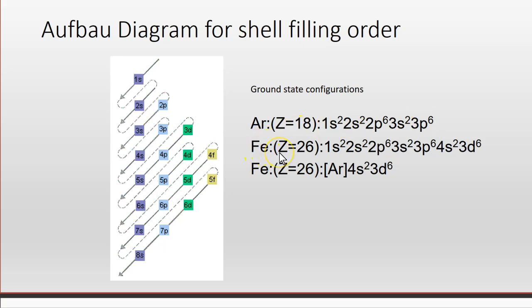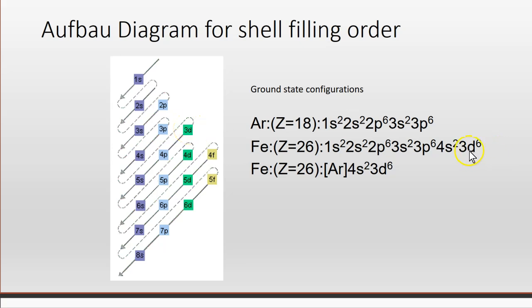Now let's look at iron. Iron follows a similar pattern as argon, up to 18. But for the remaining 8 electrons, we have 3s, and the next to fill up after that is the 3p6, the same as argon. And then after that, we've got 4s2 filling up. And instead of the p, what fills up next is the 3d.